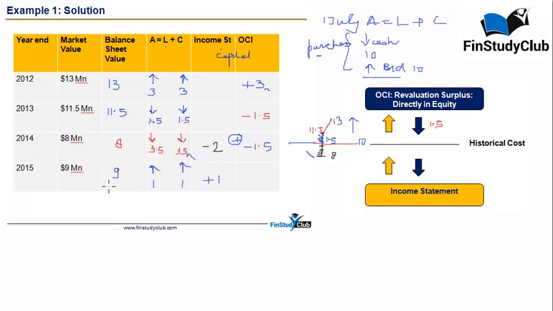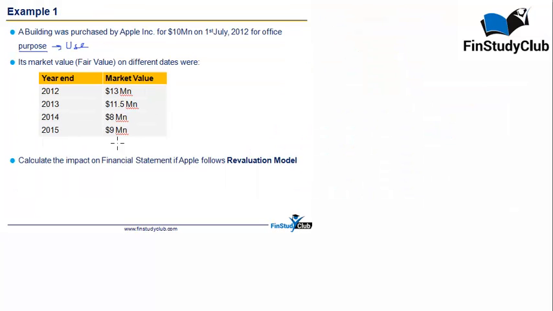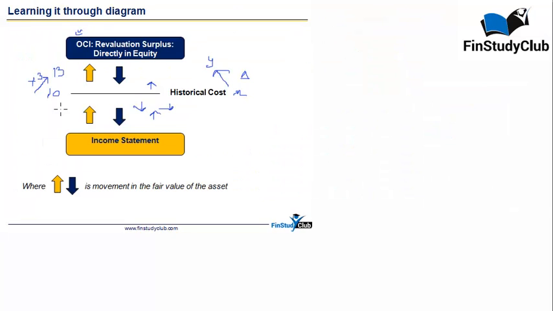We can go on and add as many years as possible, but I want everyone to pay attention to this part of the session where we have explained it with the help of a diagram. Anything above the line, any change, increase or decrease, goes to OCI directly, and anything below goes to the income statement.